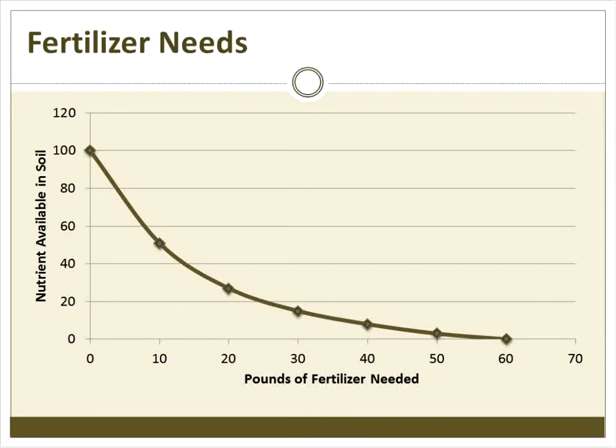The way it works is that we can graph the amount of nutrients available in the soil relative to the pounds of fertilizer that are needed. If we have a high concentration of nutrients in the soil, we need 0 nutrients applied in the form of fertilizer. If we have a lower concentration of soil nutrient, phosphorus, potassium, whatever, we need a different amount of nutrients applied.